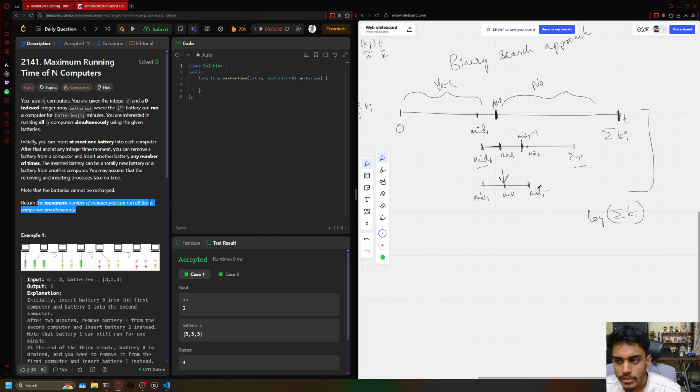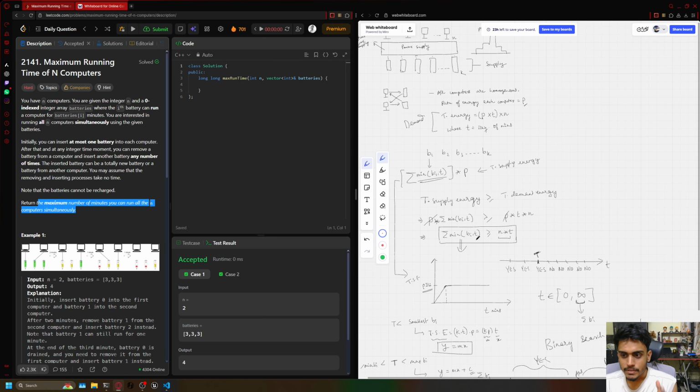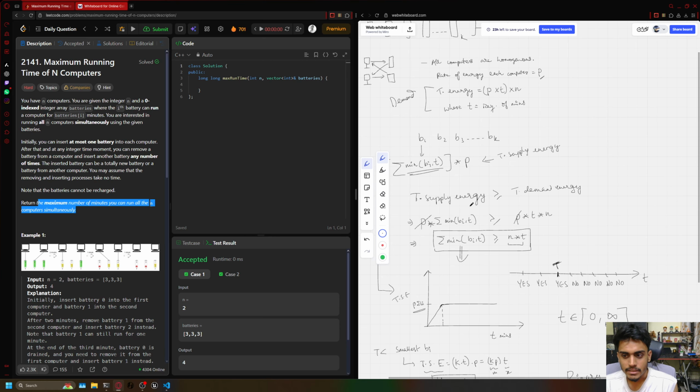So that's the overall idea: start by calculating the supply energy, compare it with the total demand energy with respect to t, and using binary search we will find a pivot after which we are not meeting our demand energy requirement. I'll be first coding it up in C++, so let's do it.